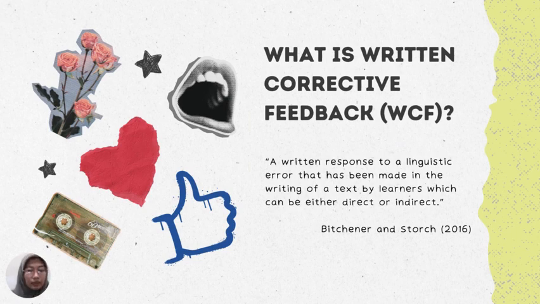As defined by Pichner and Storch in 2016, written corrective feedback is a written response to a linguistic error that has been made in the writing of a text by learners, which can be either direct or indirect. So what is direct and indirect written corrective feedback?